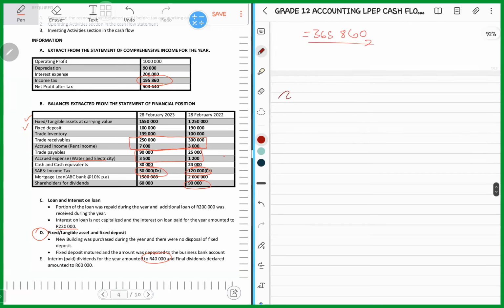For you to find the carrying value at the end, what did you do first? You took the carrying value at the beginning and you added the additional asset that was purchased.